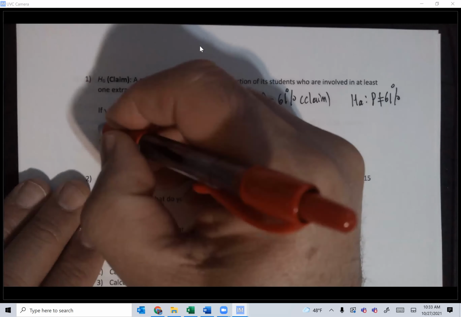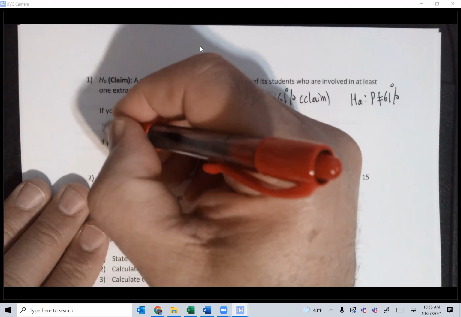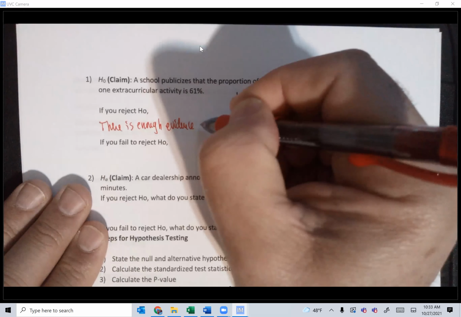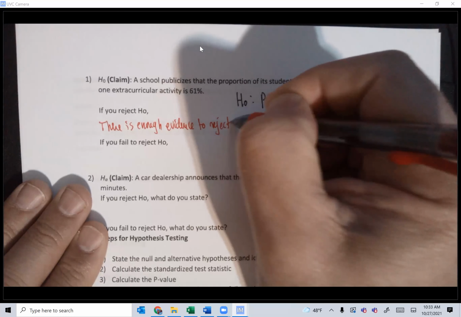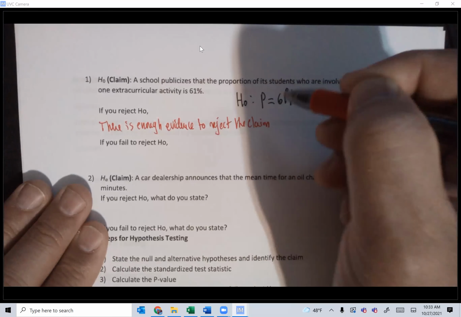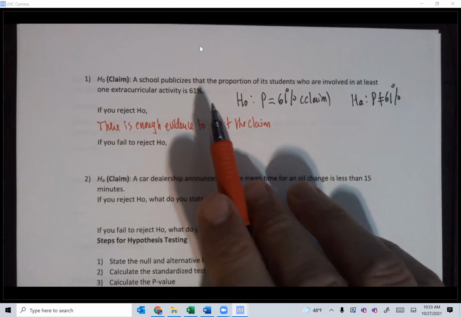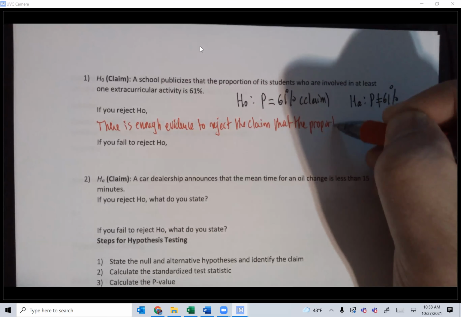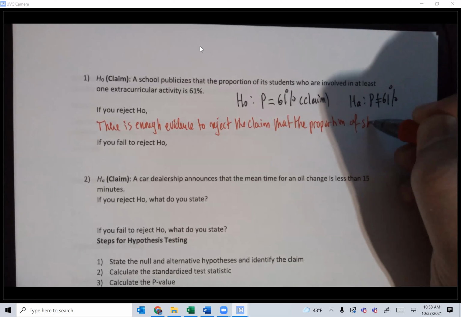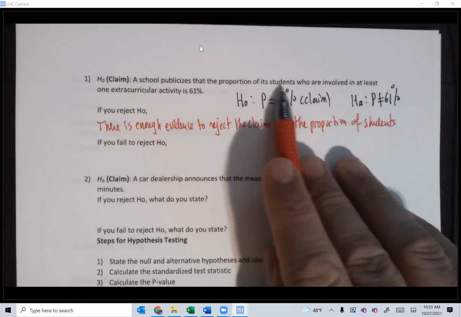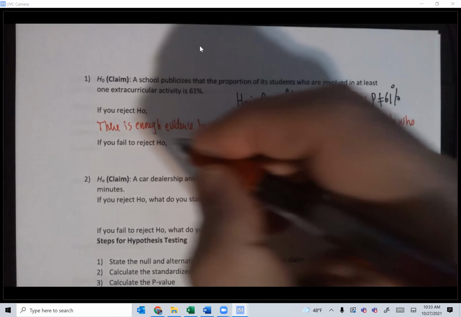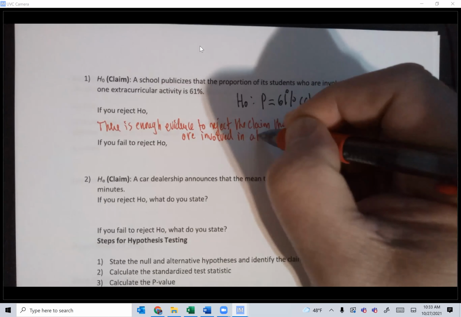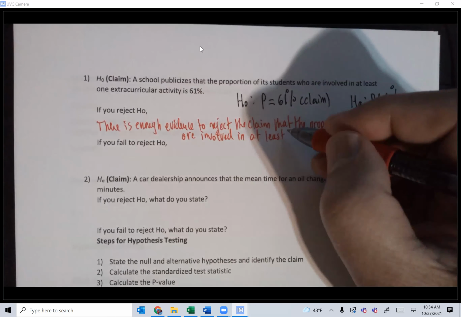So you say there is enough evidence to reject the claim that the proportion of students who are involved in at least one extracurricular activity is 61%.